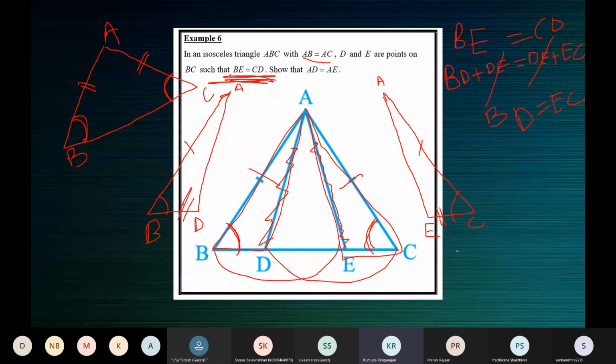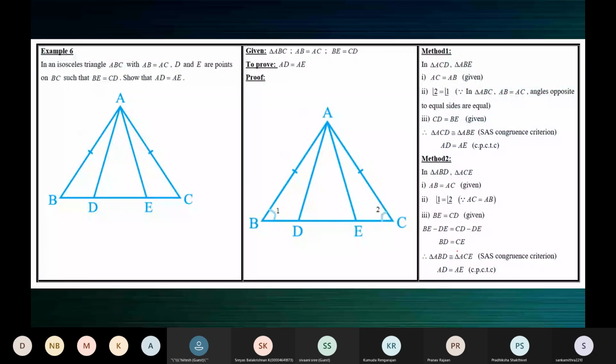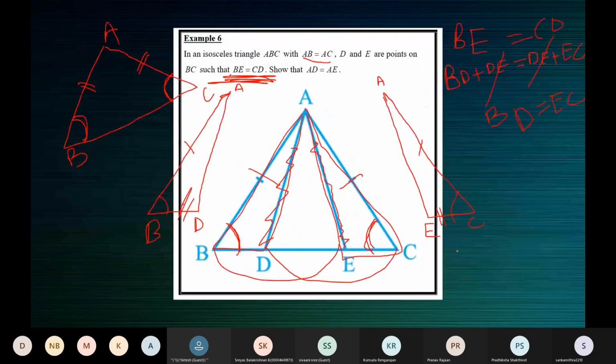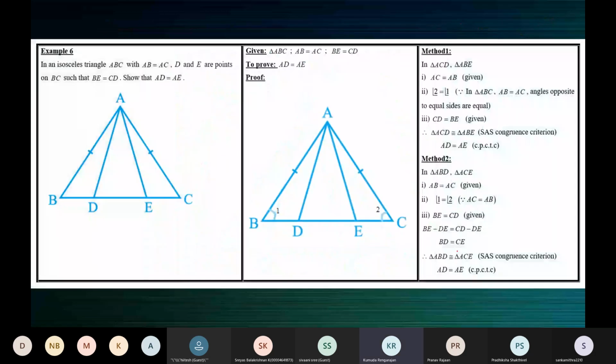AD is equal to AE, CPCTC. Just check. Written both the methods, ABD, ACE.